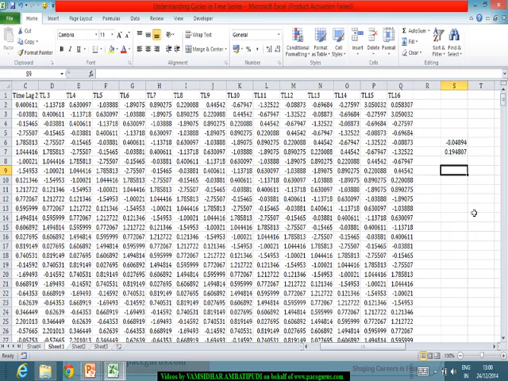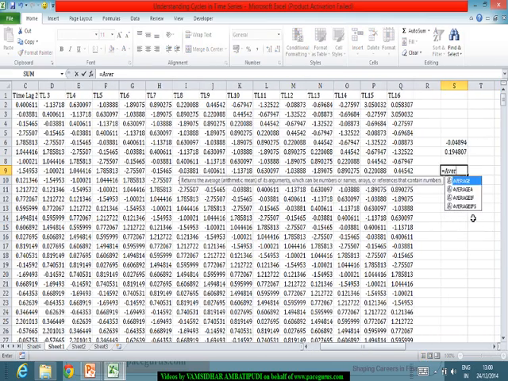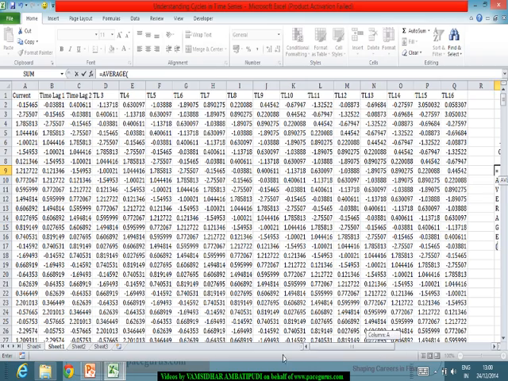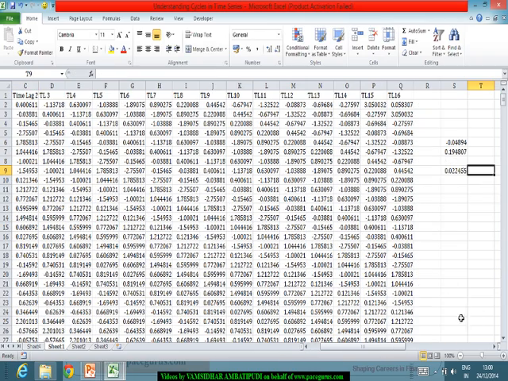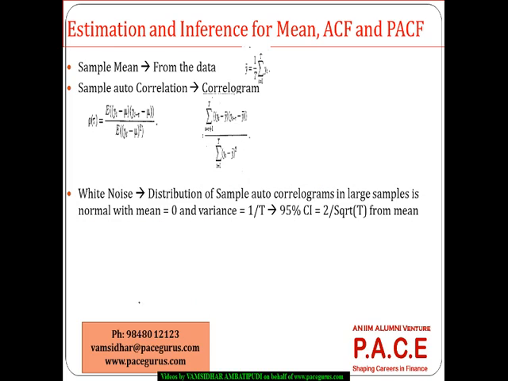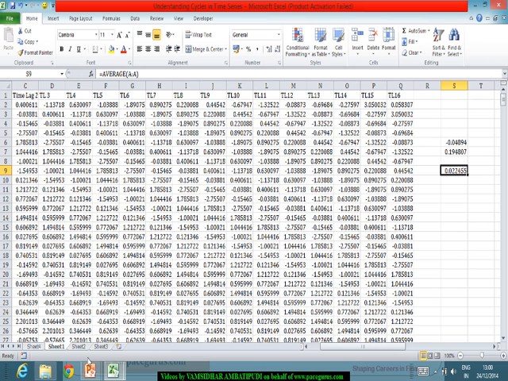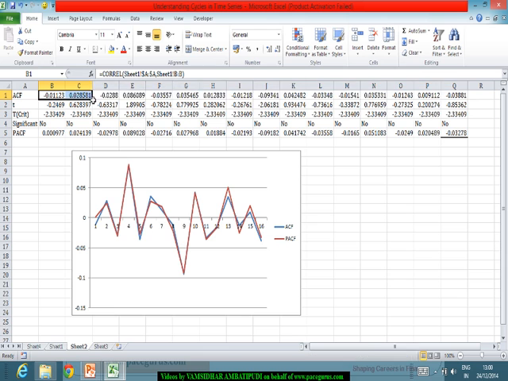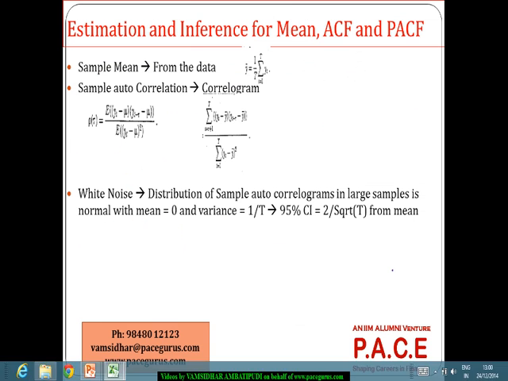Then I'm computing the sample autocorrelations, which I have shown earlier, for different lags.